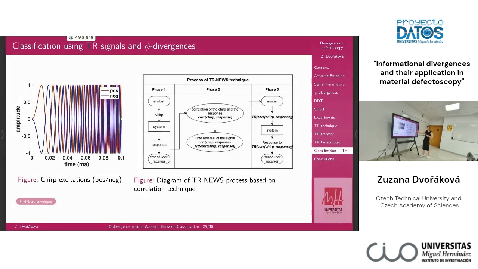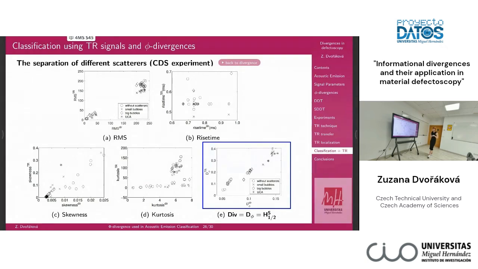And these measured signals were then used for classification. And here we have an example of standard signal parameters like RMS, rise time, skewness, kurtosis.